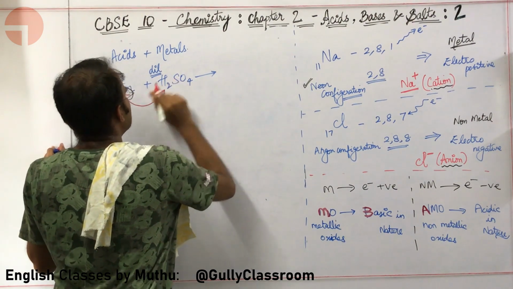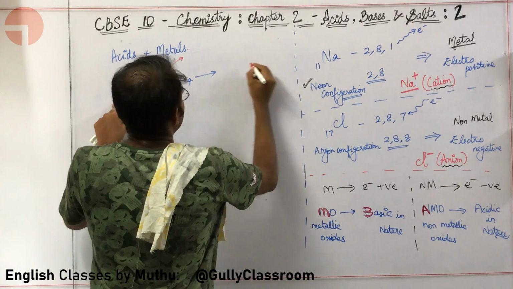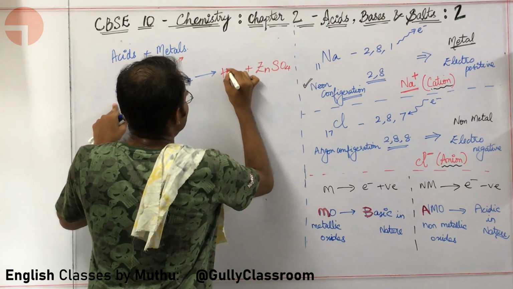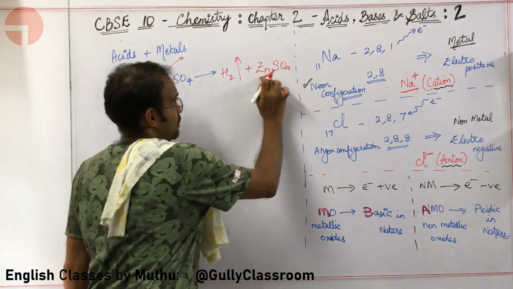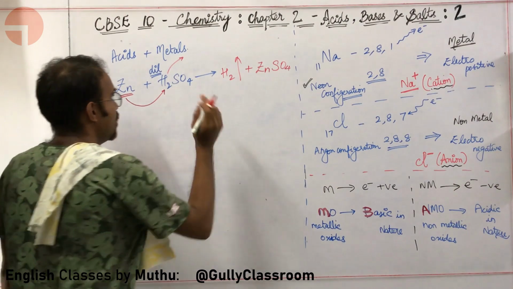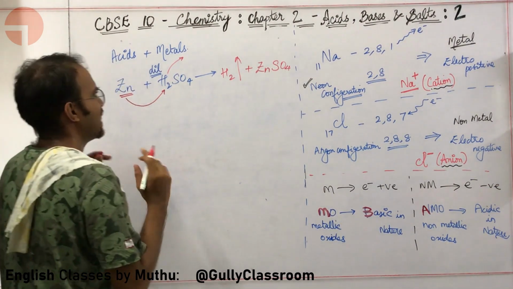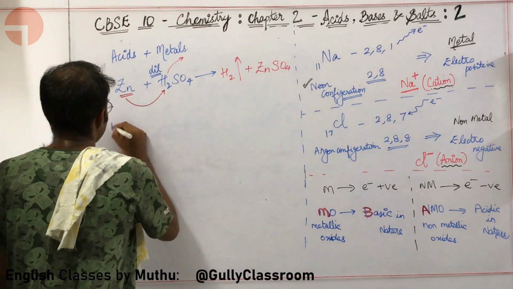So zinc will replace hydrogen from its compound and it will form ZnSO4, and hydrogen will be sent outside or displaced. Okay, sir. Can we go for some other reaction? Absolutely. Let us go for magnesium.